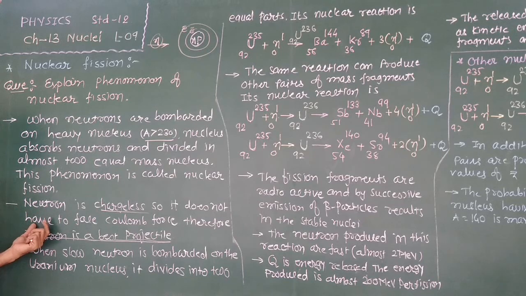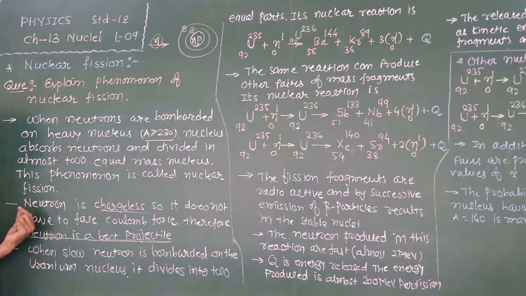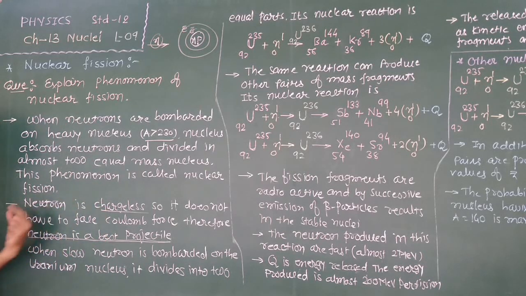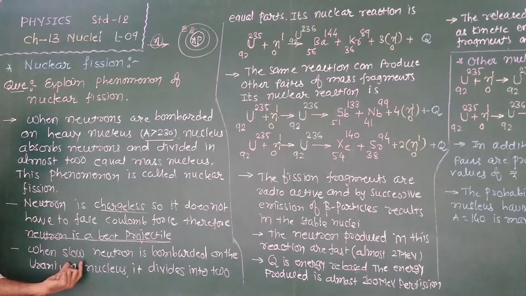Why is the neutron required for the bombardment? Because the neutron is chargeless, it does not have to face any Coulomb force. Thus, the neutron is the best projectile. Right? Now we are discussing the nuclear fission process.